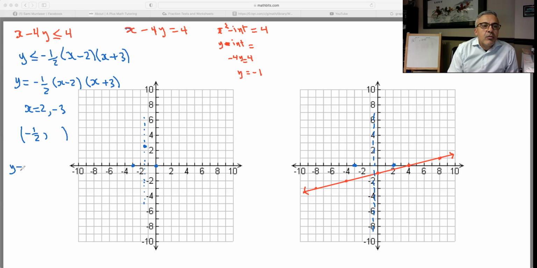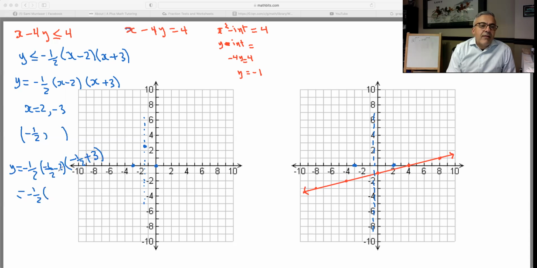So y equals -1/2 times (-1/2 - 2) times (-1/2 + 3). -1/2 minus 2 is just -2.5. I'm just going to go to decimals here to make this easier. And -1/2 plus 3 is 2.5.